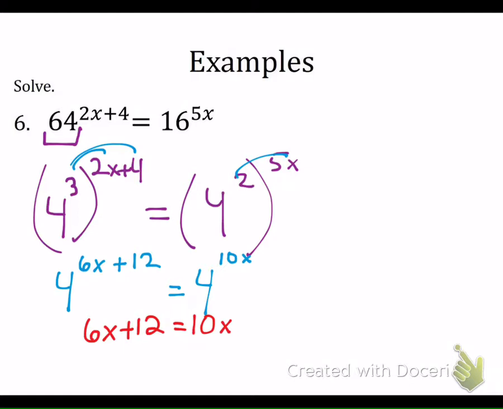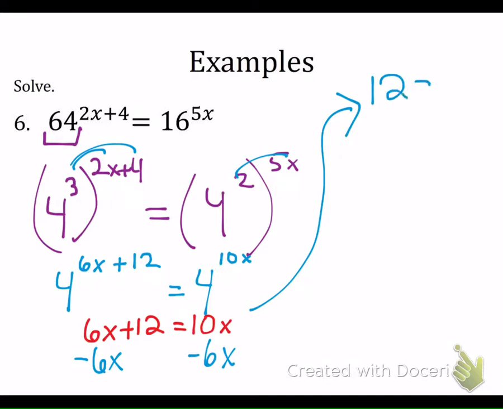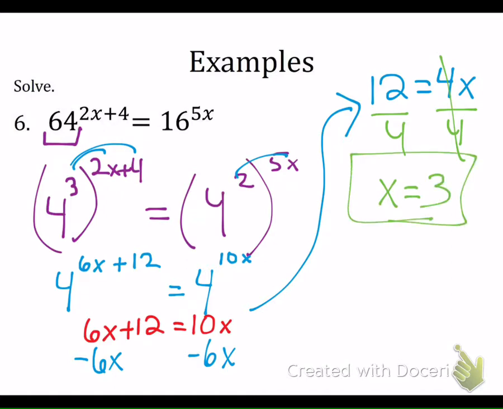All right, then what? Subtract the 6x. So 12 equals 4x. Then we divide by 4, and we divide by 4, and we have x equals 3.